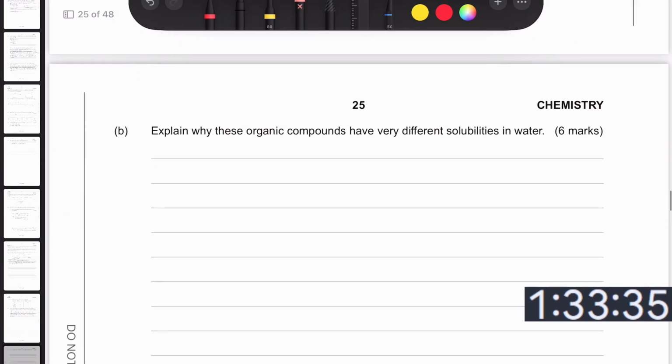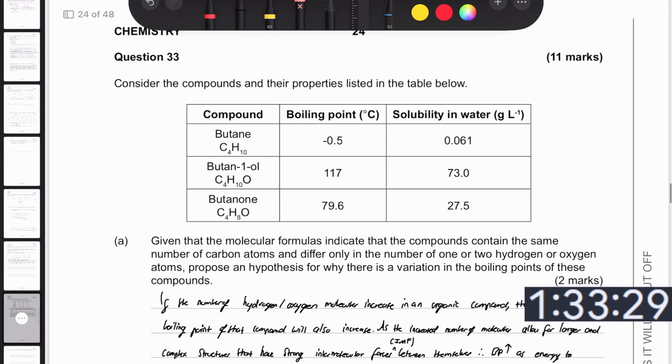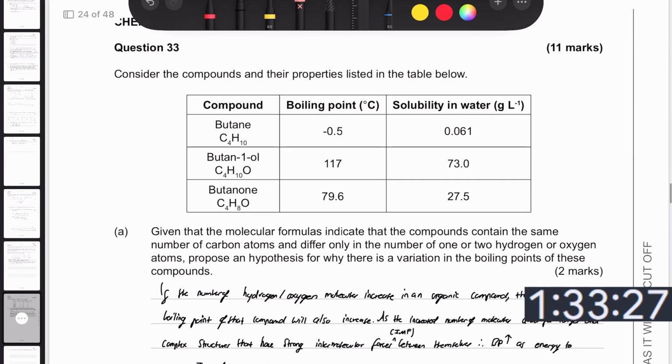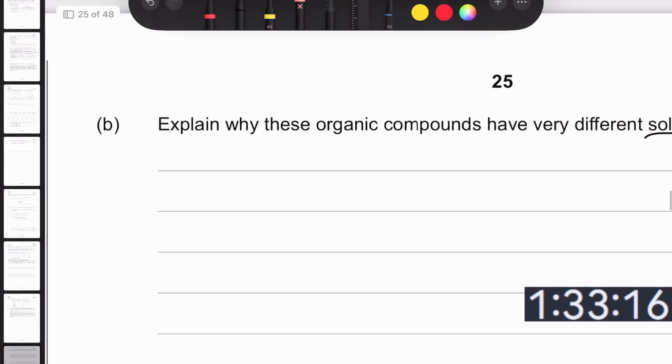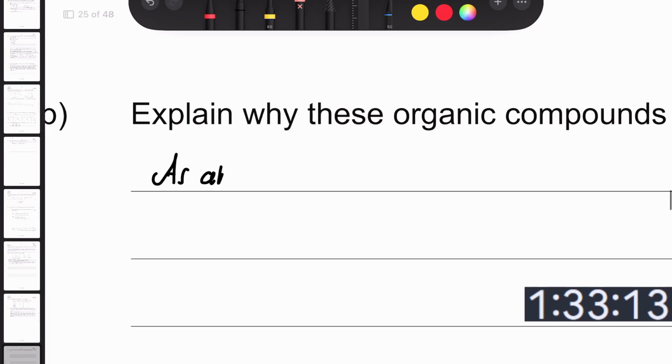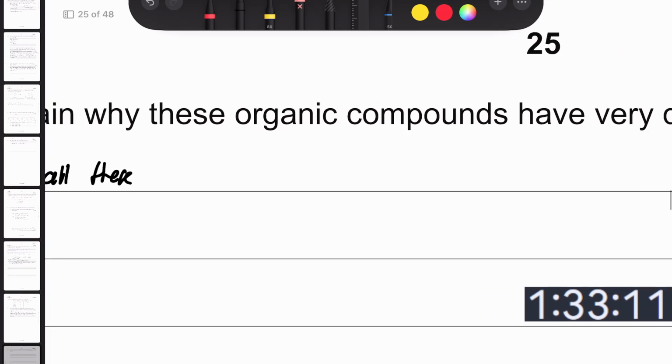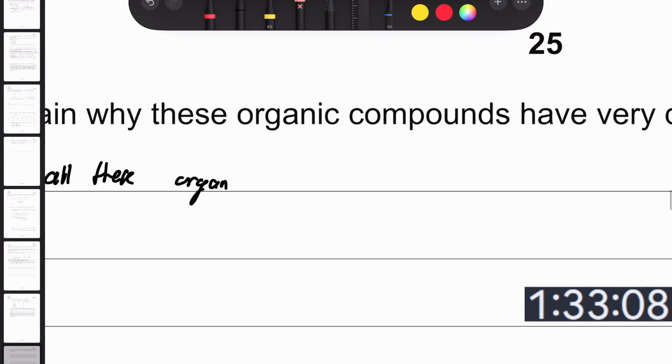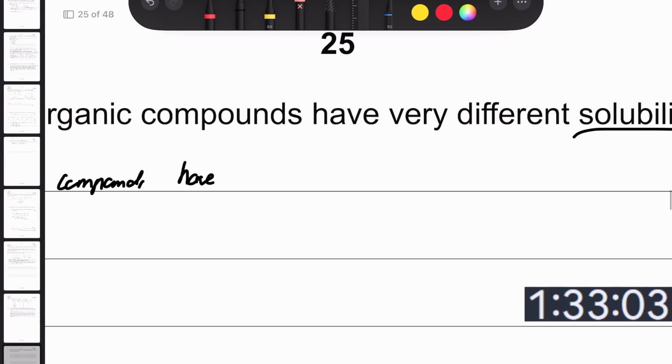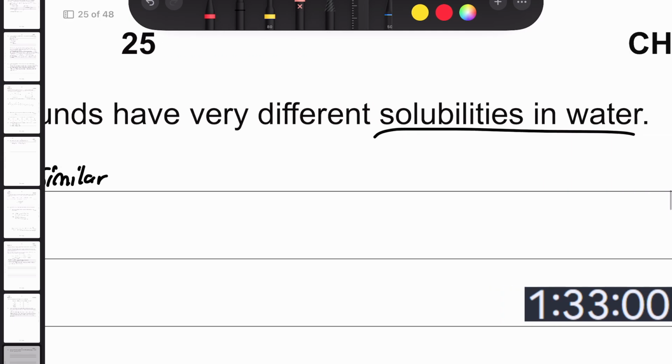Okay, page 25. Explain why these organic compounds have very different solubilities in water. Butanone, butane, similar molar masses.